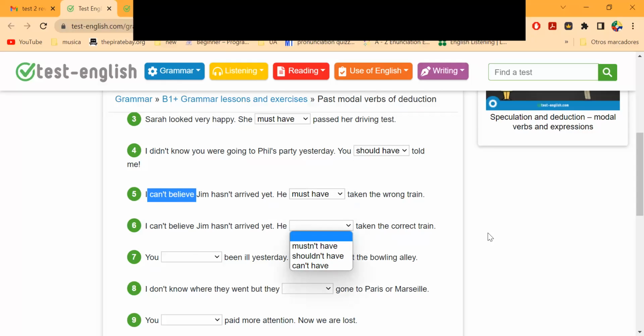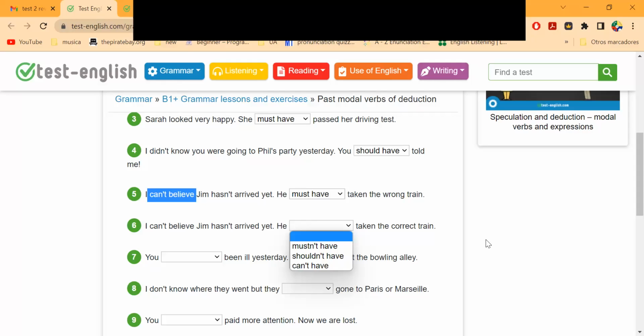Taking the correct train. Shouldn't have taken. No. O es lo mismo que arriba. Entonces cambia.